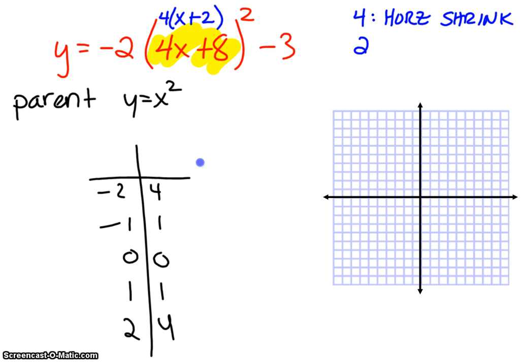And that 2 is taking it to the left 2. So I'm going to go in and change my x's first. I'm going to divide by 4. Again, we're doing the opposite. And then I'm going to move it left 2. So I'm going to subtract 2.